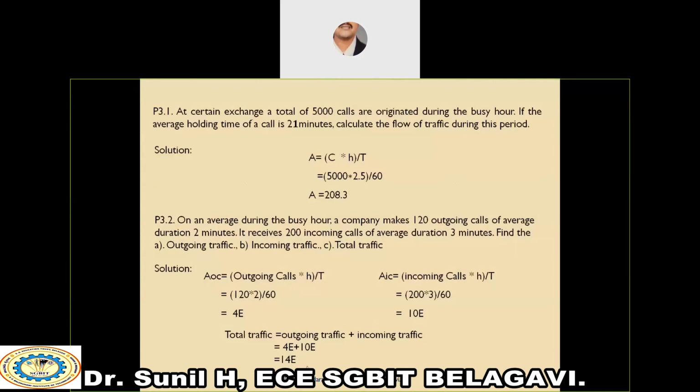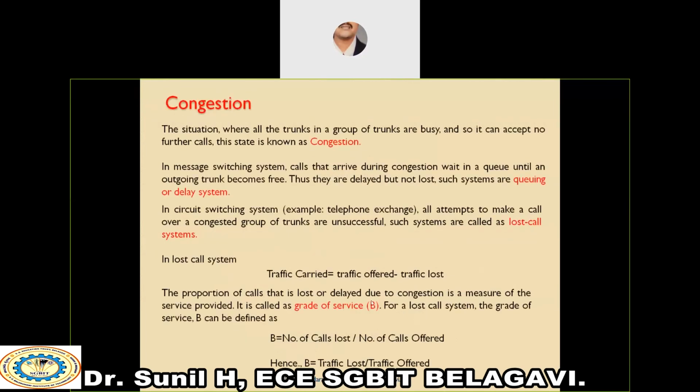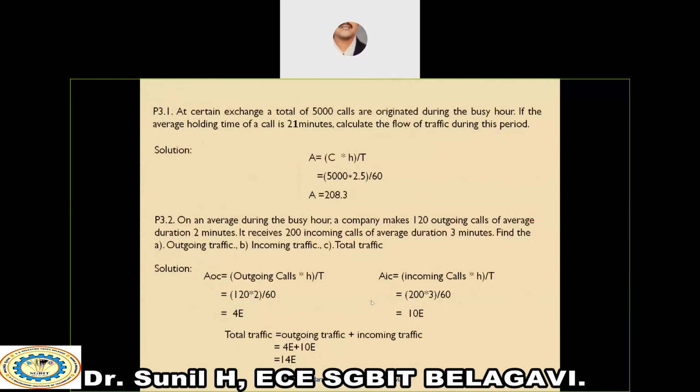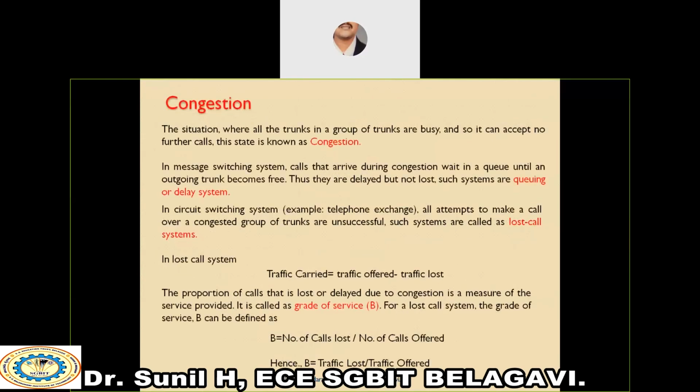If any one of the calls becomes free, then the other call will enter the room. Such systems are called queuing systems, because the call is waiting to connect. The call is not going to be lost at that moment, in case of message switching systems.